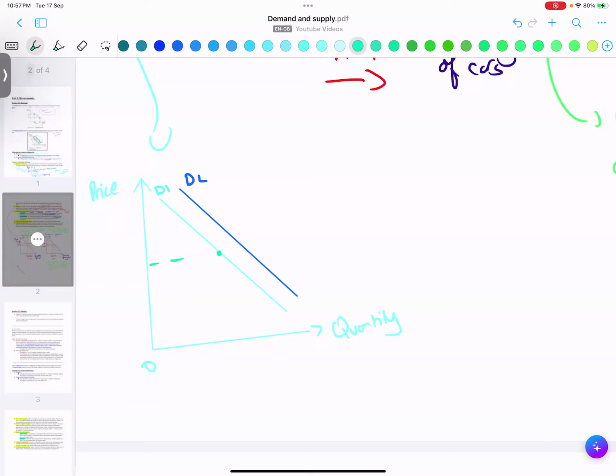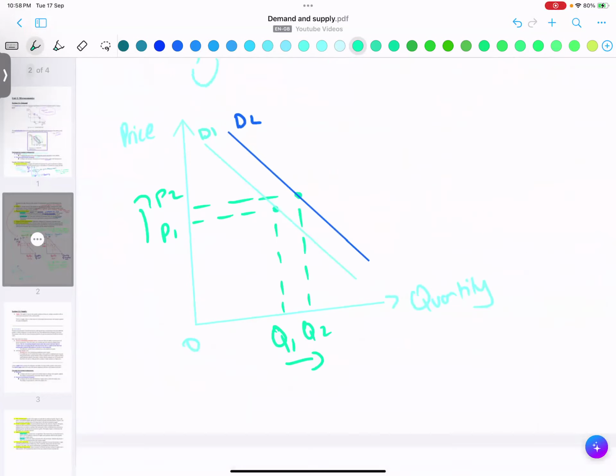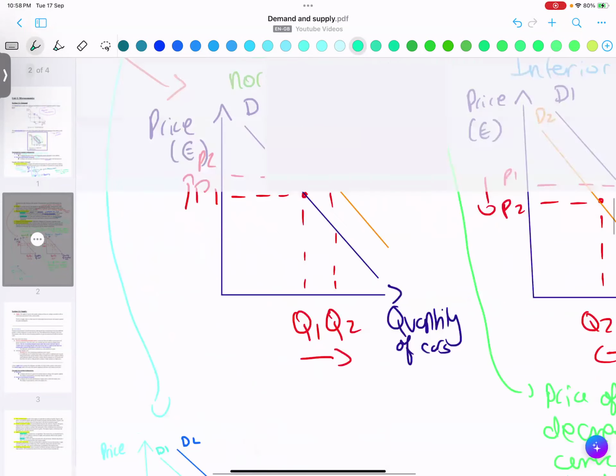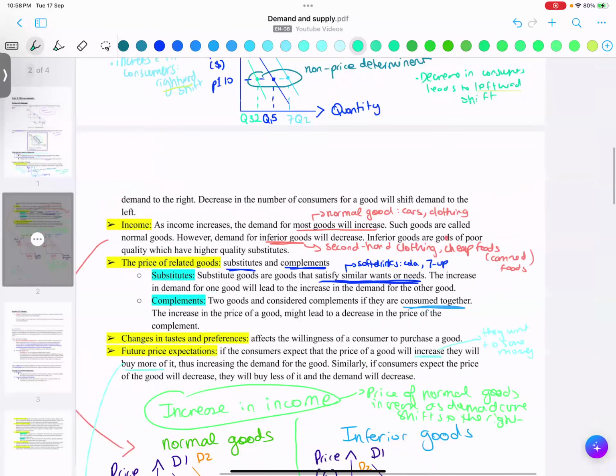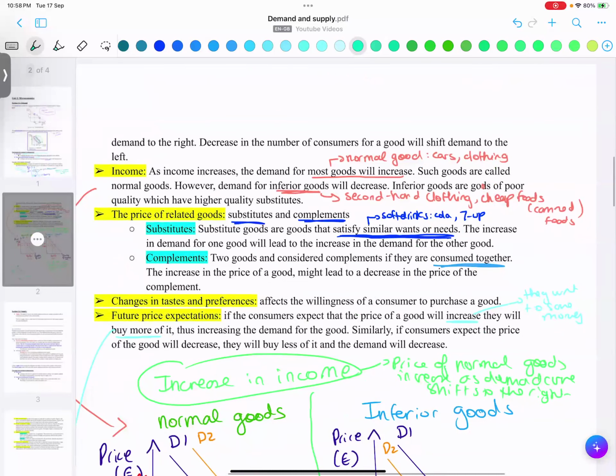At this rate, this is Q1, this will be Q2, you have P1, you have P2. As you can see, as quantity demanded increases, so does price. So this is eventually what will happen, thus increasing the demand of the good.